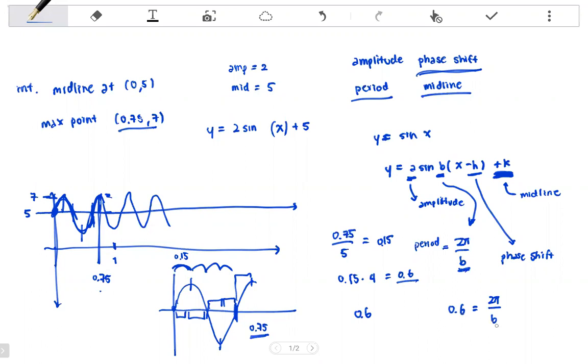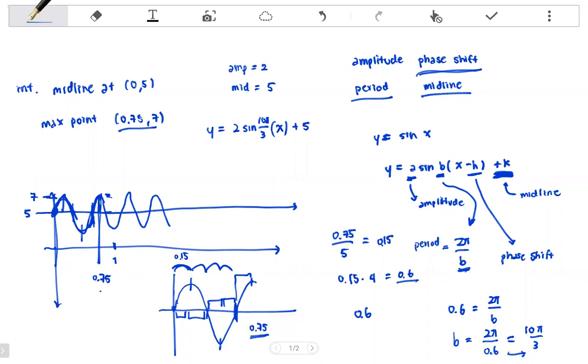To solve for b, we just have to switch b and 0.6, and that's going to be 2 pi divided by 0.6. We can rewrite that as 10 pi over 3, so we know that b is 10 pi over 3. So to write our equation, it's y equals 2 times sine of 10 pi over 3 times x, plus 5.